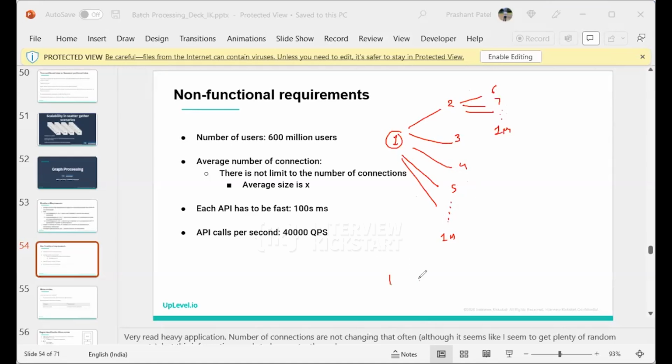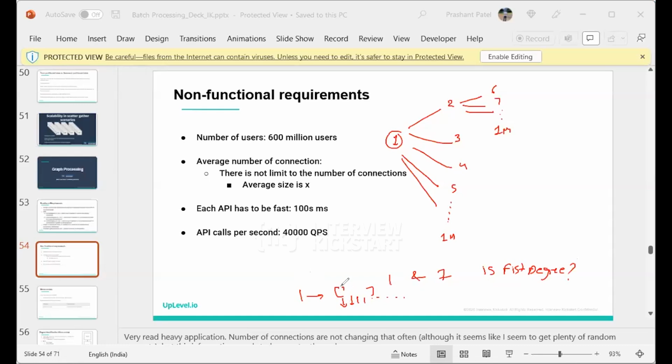Given users 1 and 7, the question is whether they are first degree. One will have some connections. We iterate over each connection, checking whether this is 7, whether this is 7. Up to 1 million, we check if this is 7. No, then we go with indirect connections.